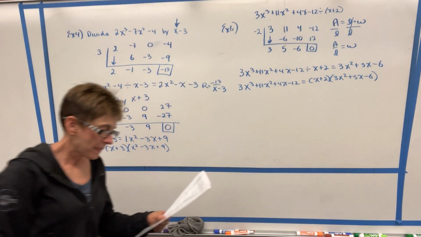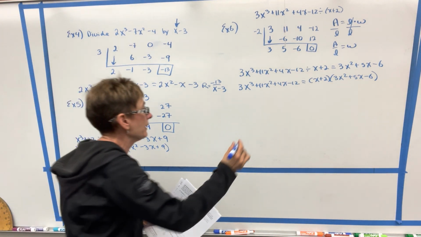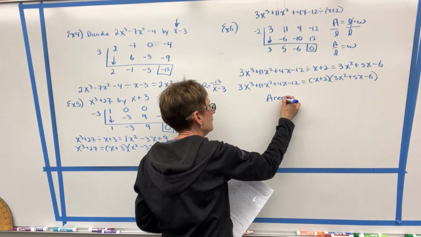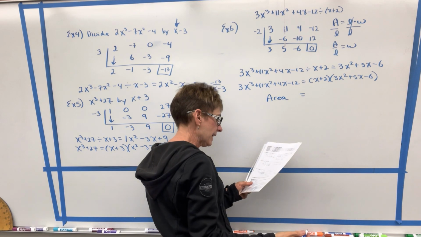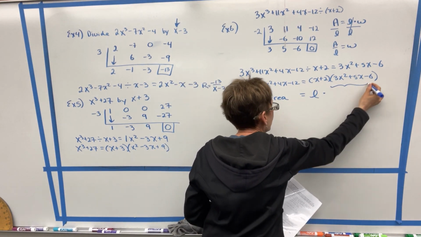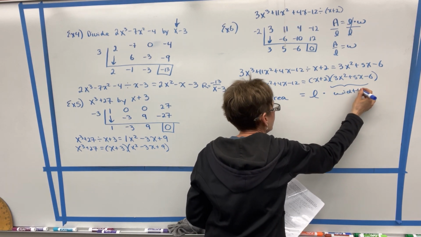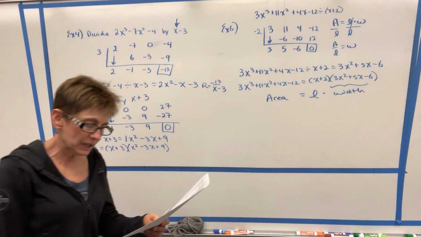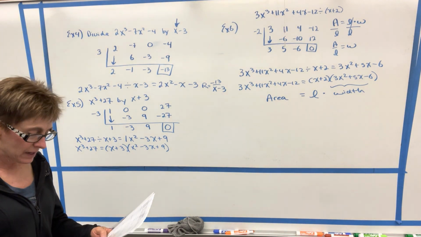Now we knew that this is our area. We also know that x plus 2 is the length. So it must be that this right here is our width. The 3x squared plus 5x minus 6.